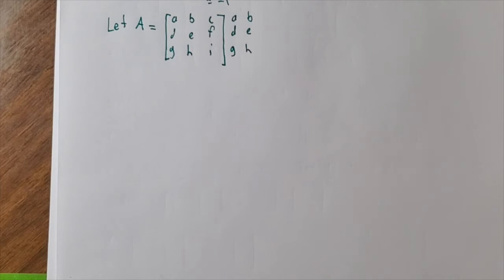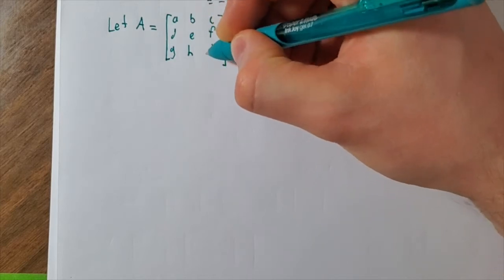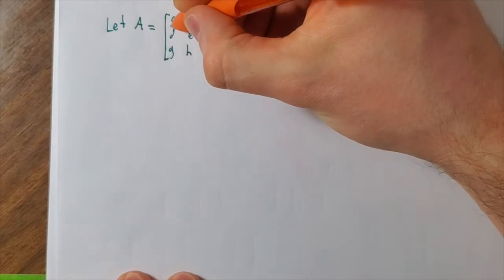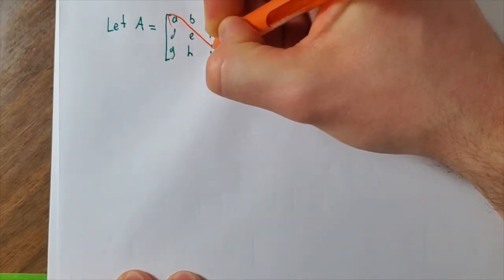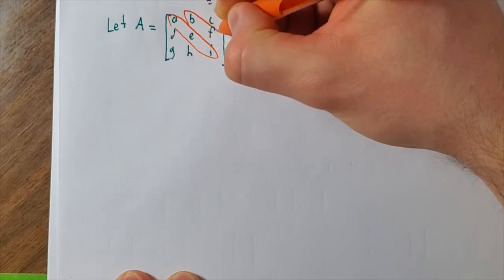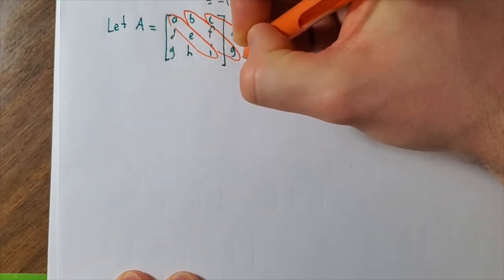And what we're going to do is follow along diagonally downwards, starting with our first position here. And we're going to do that 2 more times, moving over. So we have these 3 diagonals.